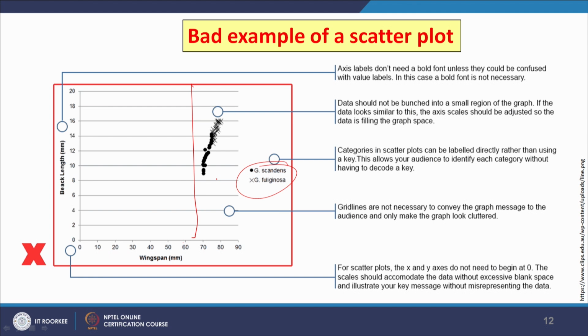But here we are missing the opportunity to show the relationship or no relationship, and at the same time we are also losing opportunities to utilize the full space.